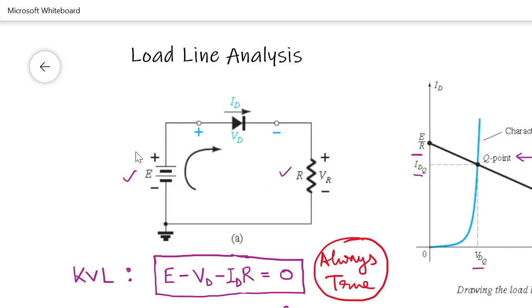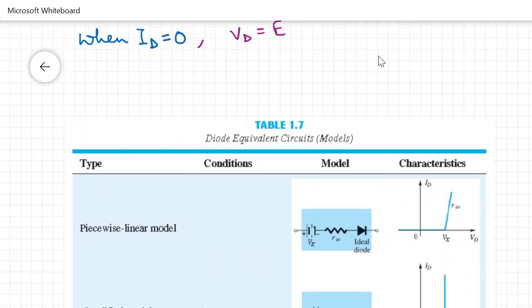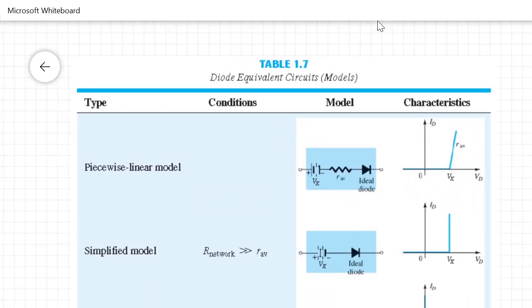In that case, this E would come from the network and you would be able to calculate it by utilizing Thevenin's theorem, and this is the load R that is connected along with the diode. Anyway, we are not going into much detail there. In the limit of what we are discussing, this load line analysis can be applied for this sort of series circuit only, but we know we have to deal with much more complicated circuits.